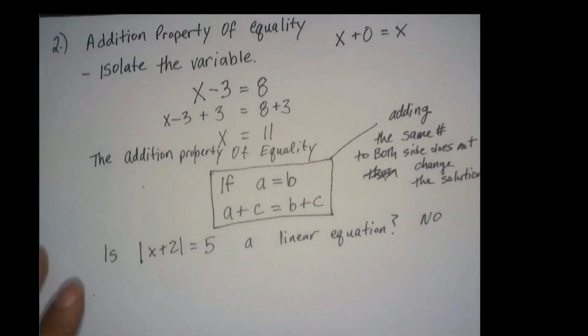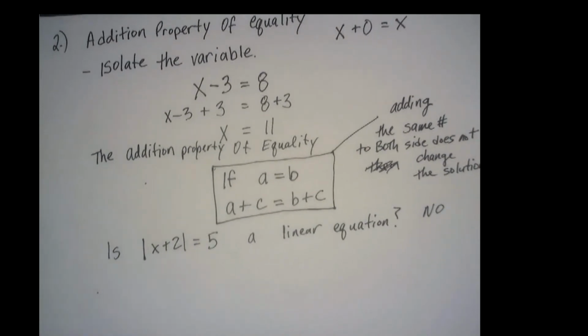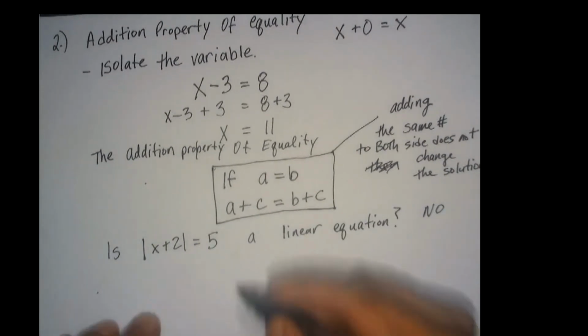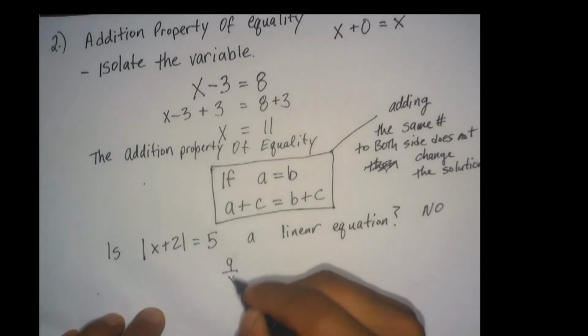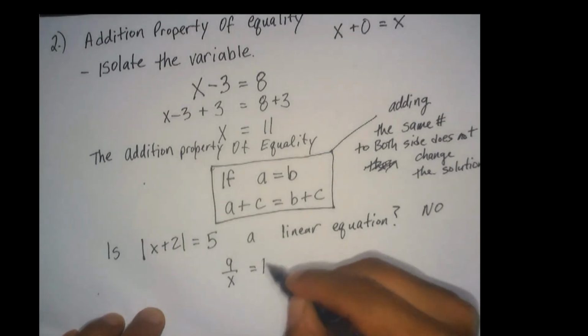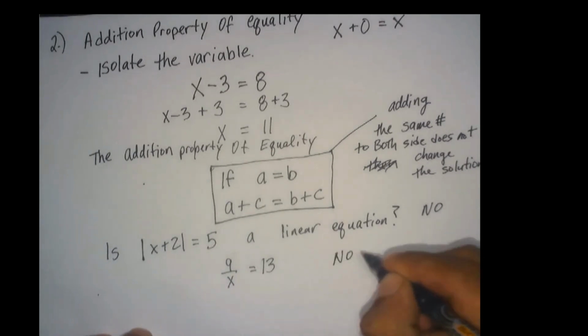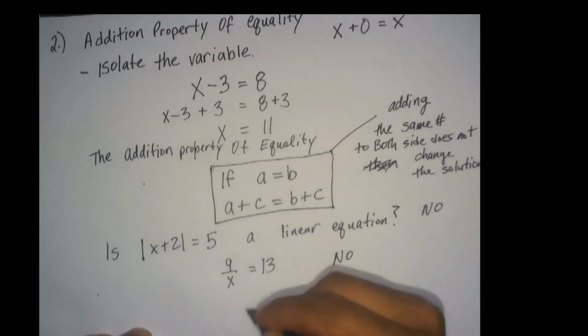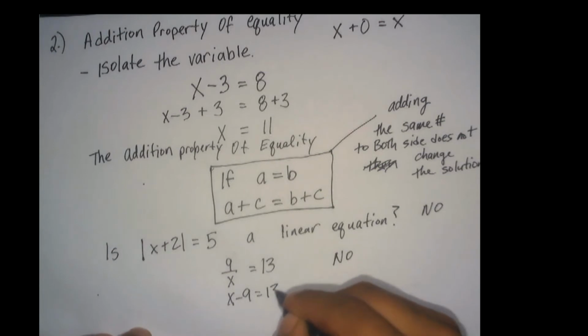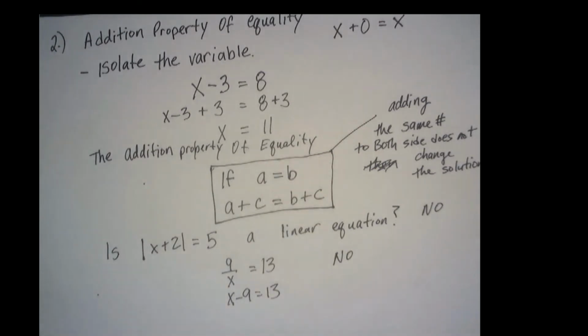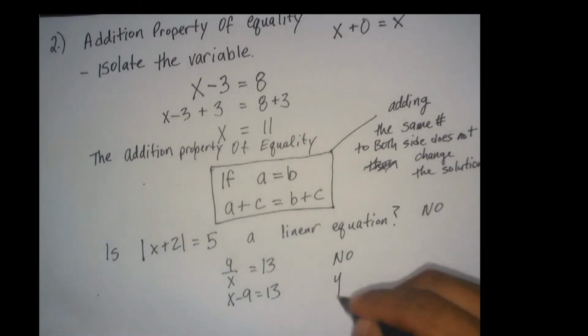Okay. What about 9 divided by x equals 13? Is that a linear equation? No. Very good. You're catching on. What about x minus 9 equals 13? Yes. All right. So you got these good. If it looks hard, it's probably not linear.